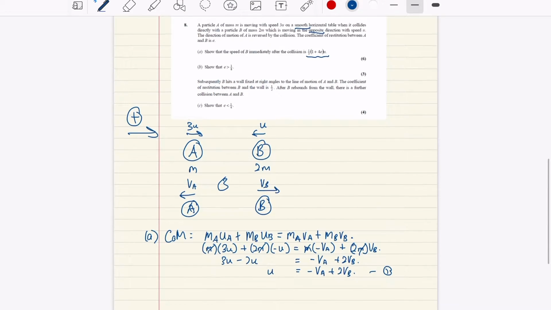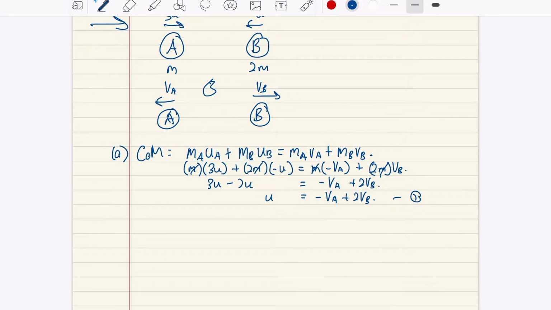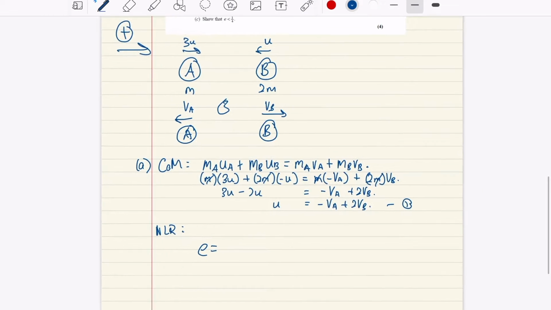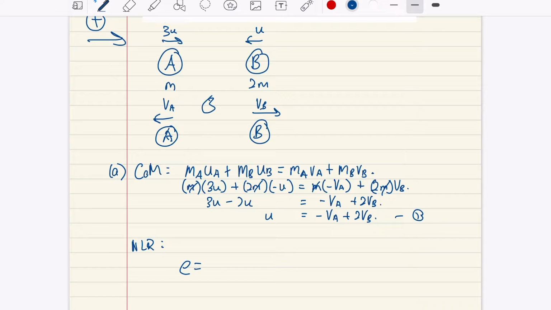Now, how do we find the second equation? We can use Newton's law of restitution, where e equals the speed of separation over the speed of approach. After the collision, since they are moving away from each other, it's VA plus VB.